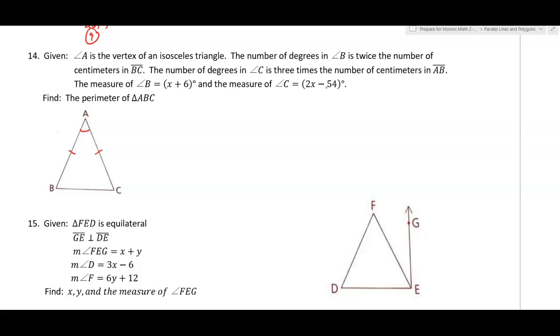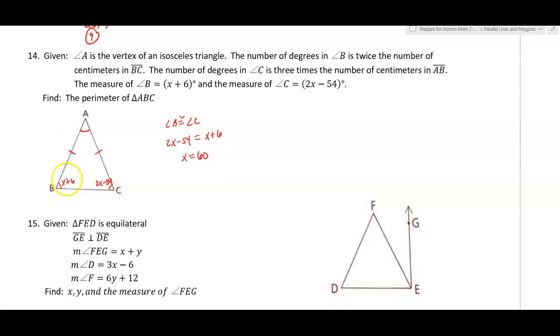Find the perimeter. So angle B is x plus 6. Angle C is 2x minus 54. Now, if these sides are congruent, these base angles are congruent, so I know angle B is congruent to angle C, which tells me 2x minus 54 is equal to x plus 6. When I solve this, I get x is equal to 60.